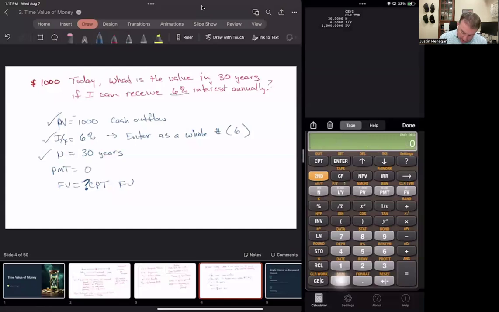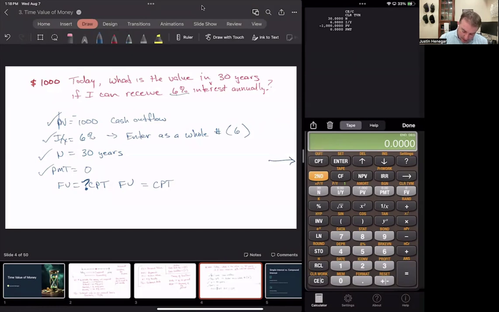I'm going to go ahead and just enter 0 for my payment, just so that you know that you don't have to do that, but just so it's there. Okay. So I've entered payment. Now from here, I'm going to hit CPT on my calculator, which is right there.